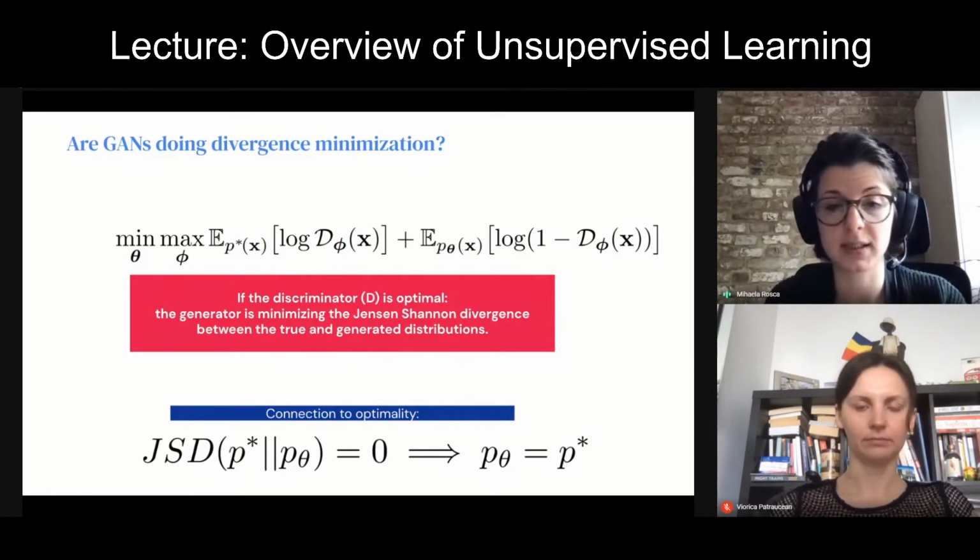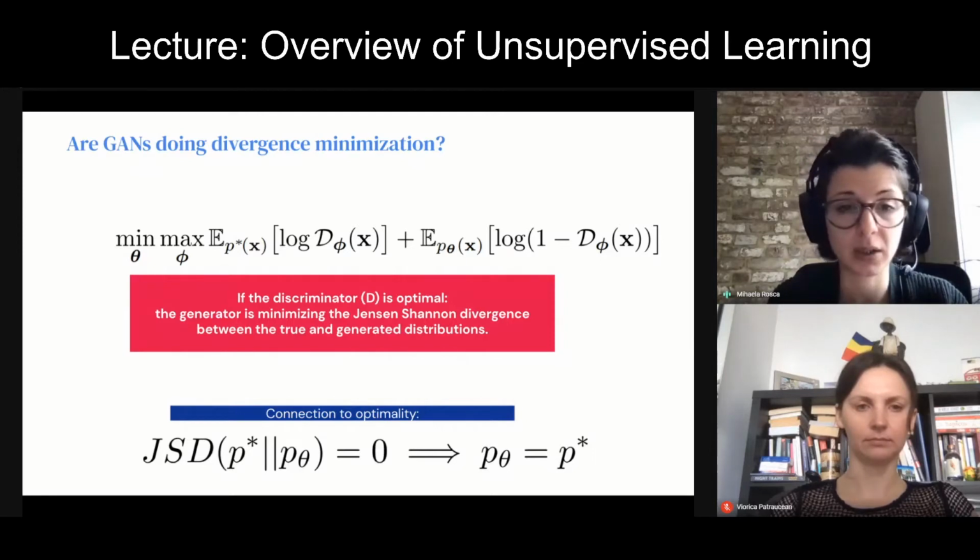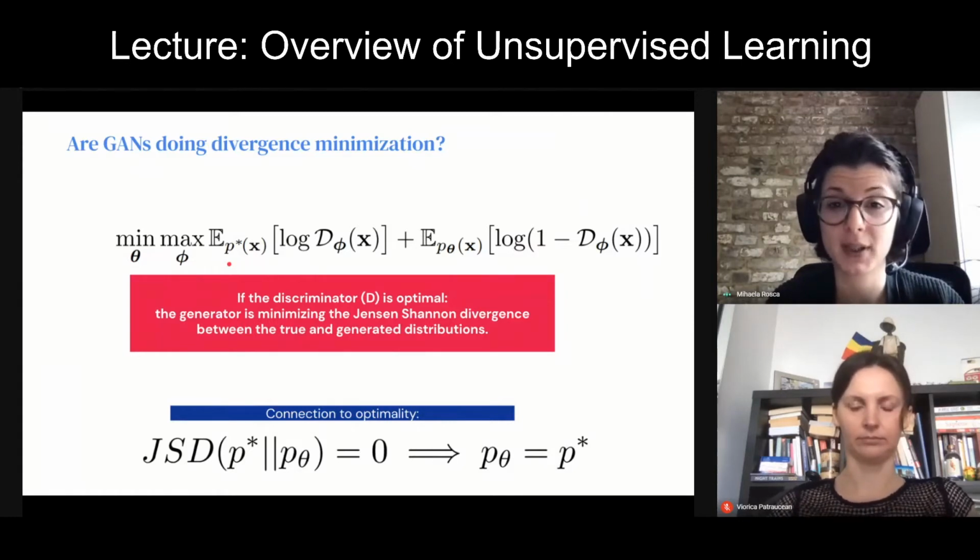And this also gives us the connection to optimality again. If the divergence is 0, then the distributions are the same. And if we look at this nice objective here, it has the property that we want. We only depend on the data distribution through samples, which is really neat.